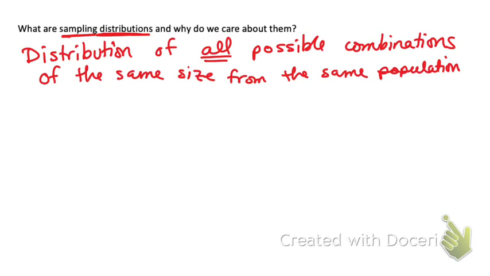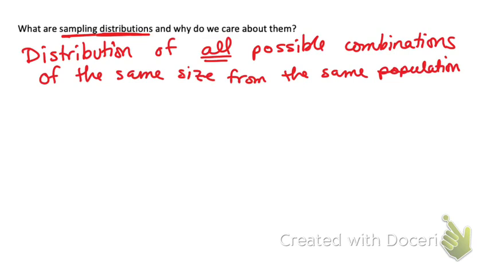A sampling distribution is the distribution of all possible combinations of the same size from the same population. So, the Arizona Iced Tea Company: how many bottles of tea do you think they produce in a day? Quite a few. We take a sample of 50 and get an average of 19.6 ounces.